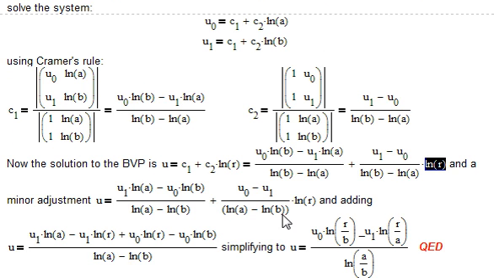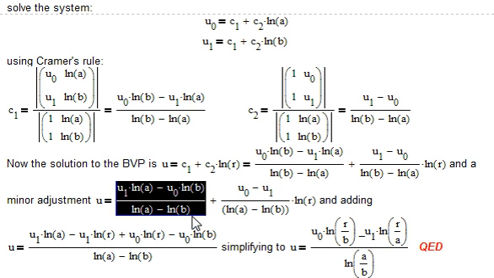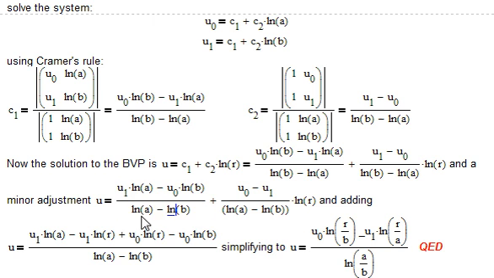And a minor adjustment here: notice I switched around the signs of the numerator and denominator for both, because I know where I'm heading. I want to have ln of a over b in the denominator, so I can't have ln of b minus ln of a, I need to have ln of a minus ln of b, because ln of a minus ln of b is ln of a over b, and that's what I'm looking for, right? So, I did switch those around.